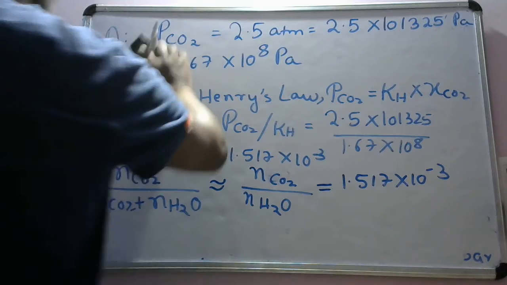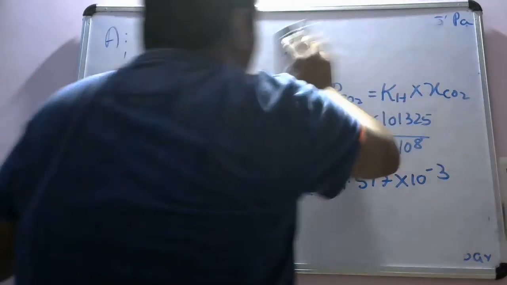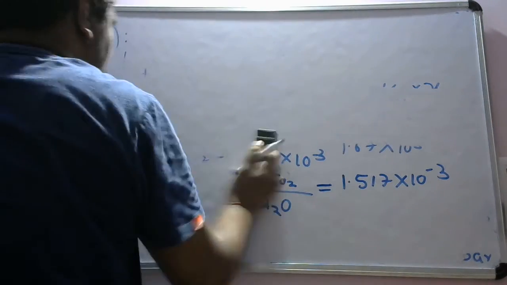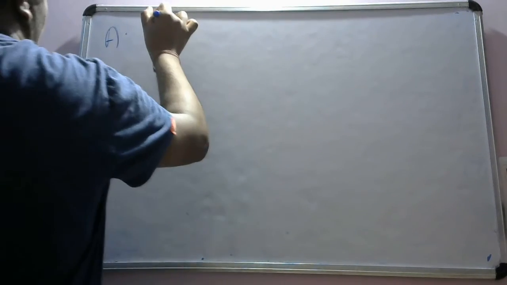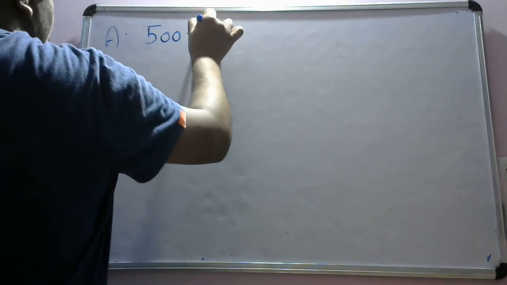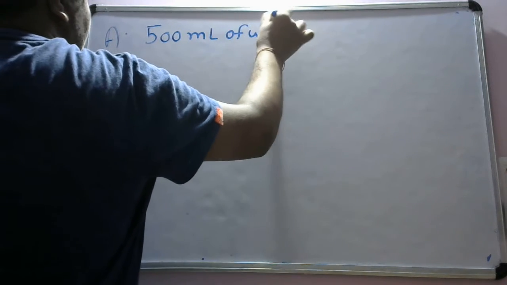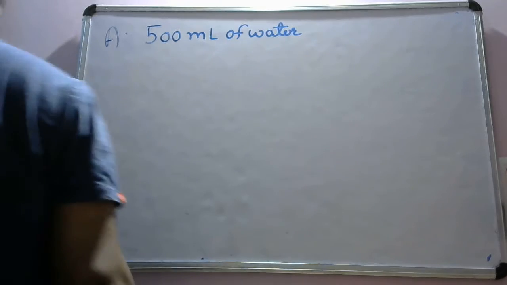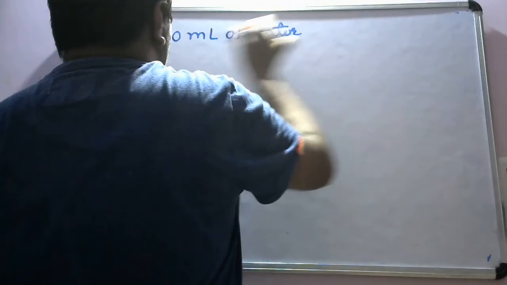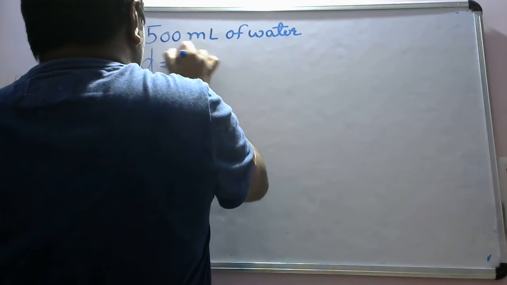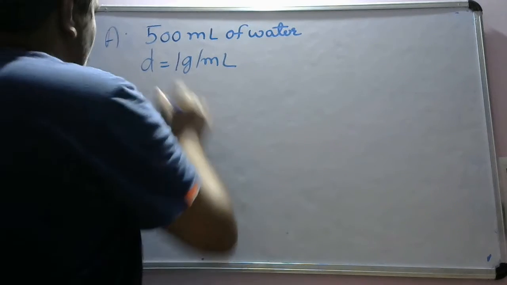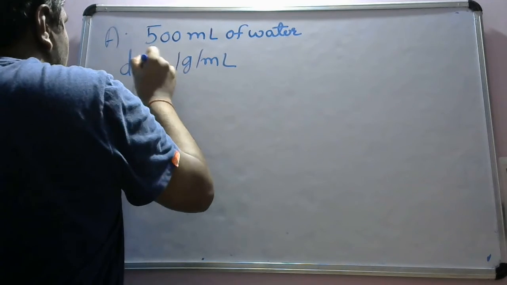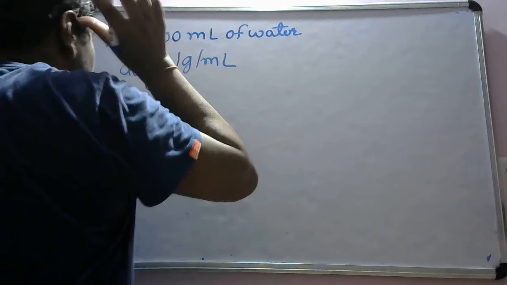Okay, now let us go for finding the number of moles of water. 500 milliliter of water is given. Now, density of water we have to assume as 1 gram per milliliter.